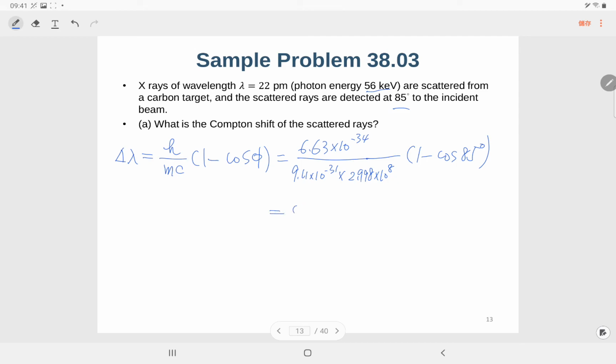So it would be 2.2 picometer. So we just use this equation and substitute the numbers into it.